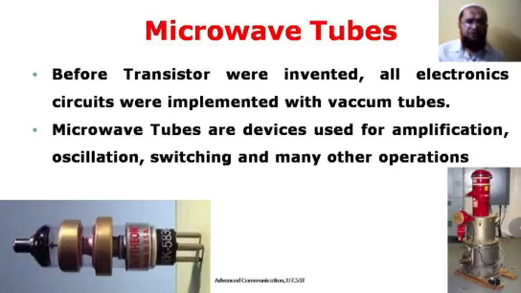Every electronic circuit or electronic device, its basic purpose is to act as a switch, as it's a known factor for us. So we expect a switching mechanism, we expect amplification. Similarly, we want oscillations.